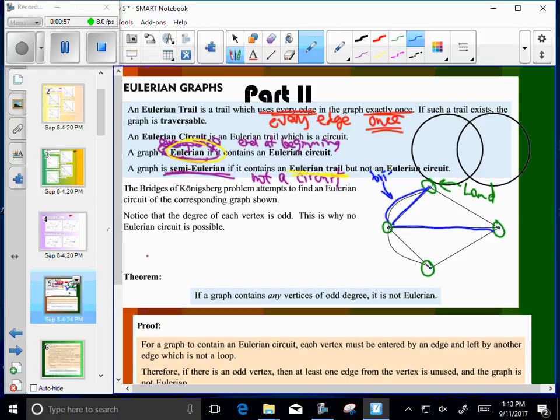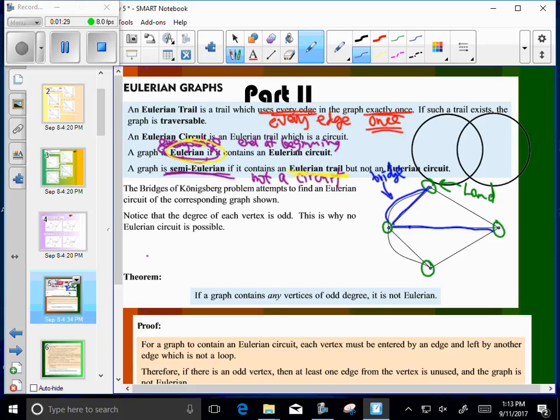What's cool about this is that whole complicated story with that whole geography can be changed mathematically into this setup. Does this look at all like what we saw? I don't think it does, but it has the same properties. So whatever you could do on the bridge drawing, you could do on this. So the question is, is this going to be Eulerian, semi-Eulerian, or neither?